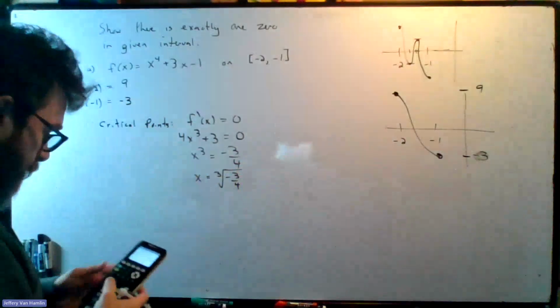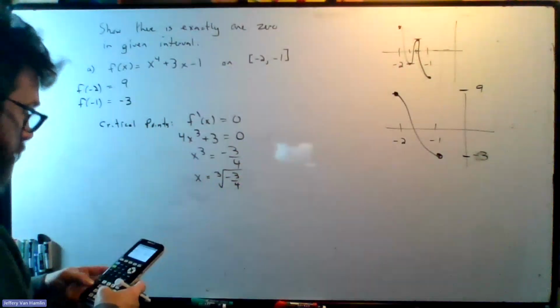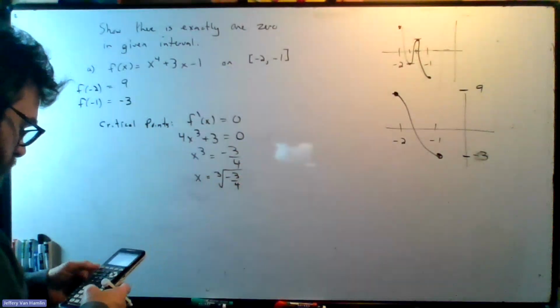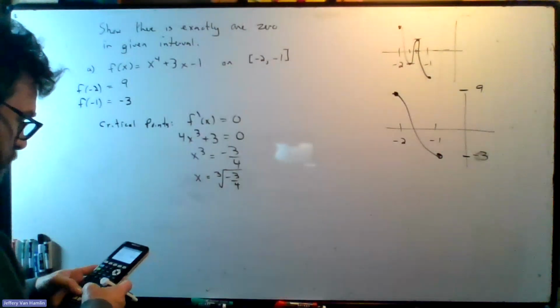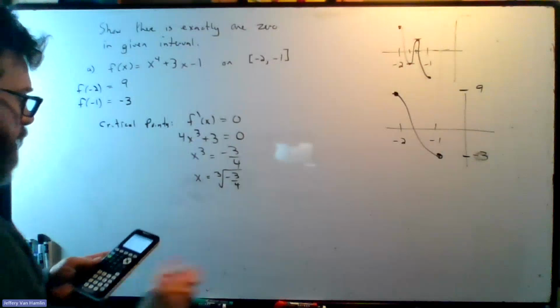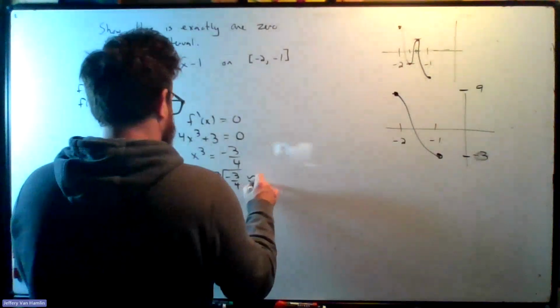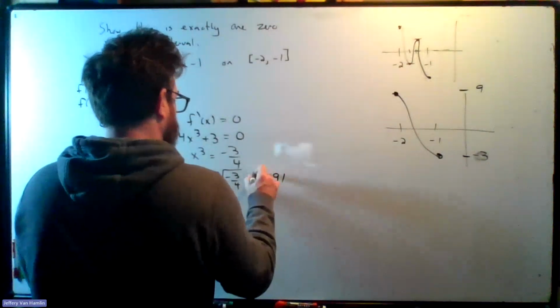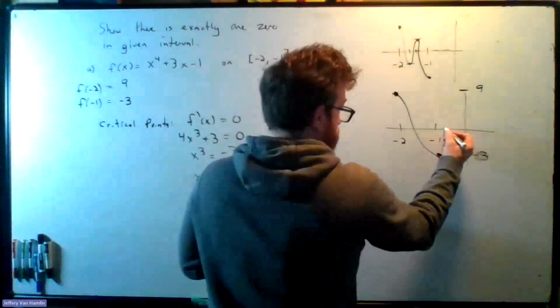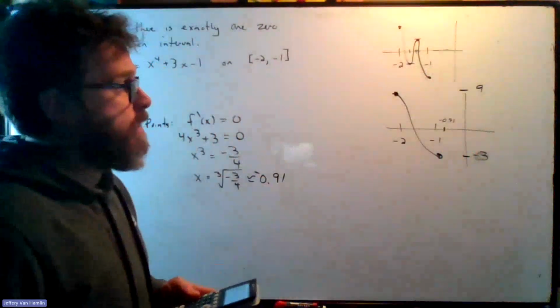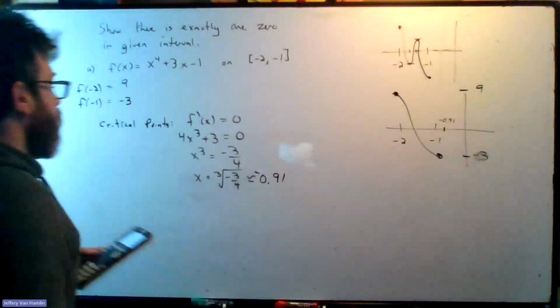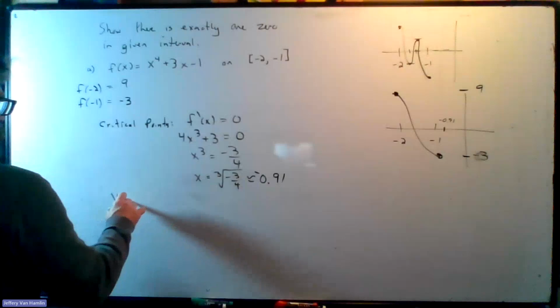Boy, I hope it's not between -1 and 2, because we'd have a problem. So -3 divided by 4 to the 1/3 power, I get about -0.91. So it happens actually right here. So there are no critical points inside the interval from -1 to 2, which we have now verified.